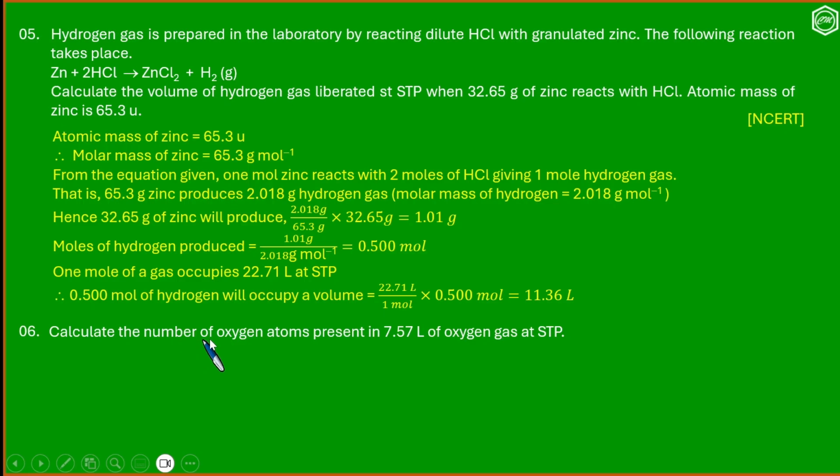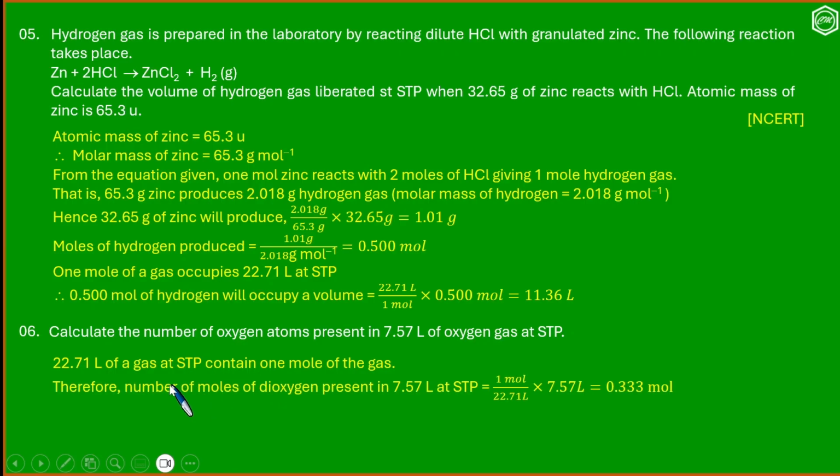Question 6. Calculate the number of oxygen atoms present in 7.57 liter of oxygen gas at STP. We know 22.71 liter of a gas at STP contain 1 mole of the gas. Therefore, the number of moles of dioxygen present in 7.57 liter at STP equal 1 mole divided by 22.71 liter into 7.57 liter.